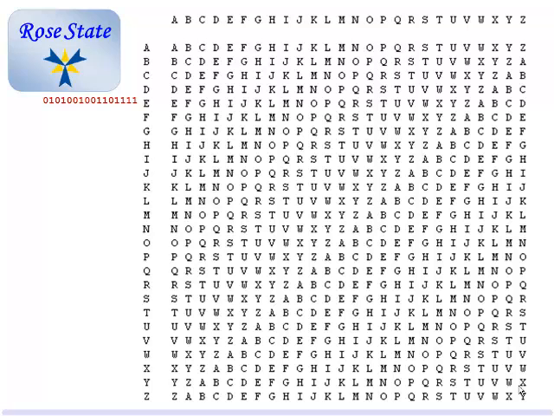Actually, the way we're doing this, the key is J. The left side will be the key. The top part will be the plain text. And the middle will be the ciphertext, okay? So if we took the key J along with the plain text B, we end up with K.